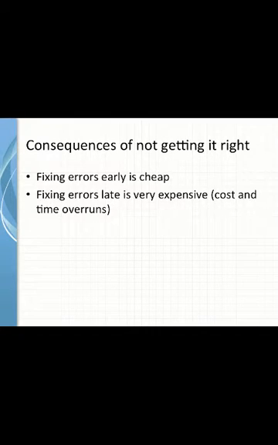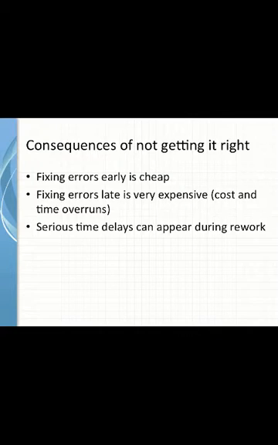In any case, not getting requirement specifications right can have drastic consequences. It's well known that fixing errors early is cheap. On the other hand, fixing errors late can be very costly to repair and give both cost and time overruns.